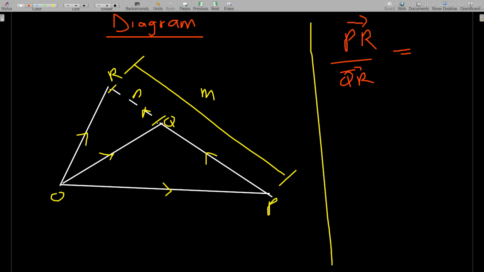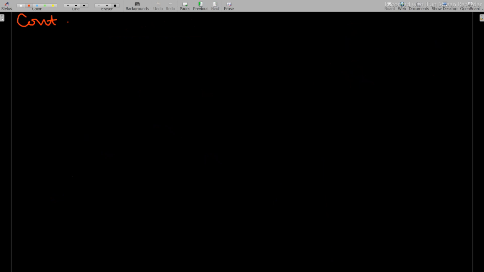We'll get M over N. So we'll just go through some of the triangles, and like we first did, do what we can do and then get some formulas out.